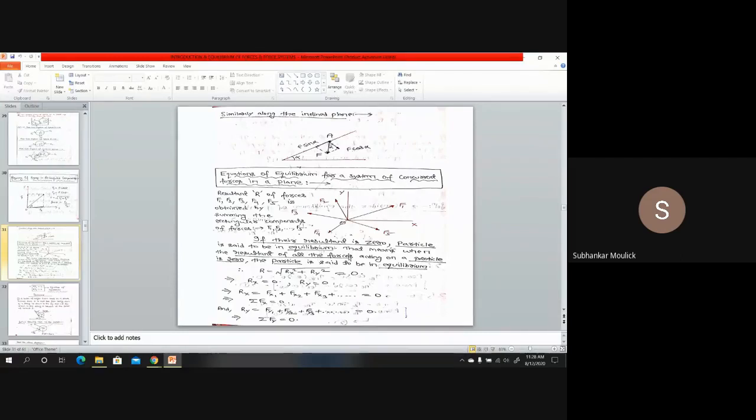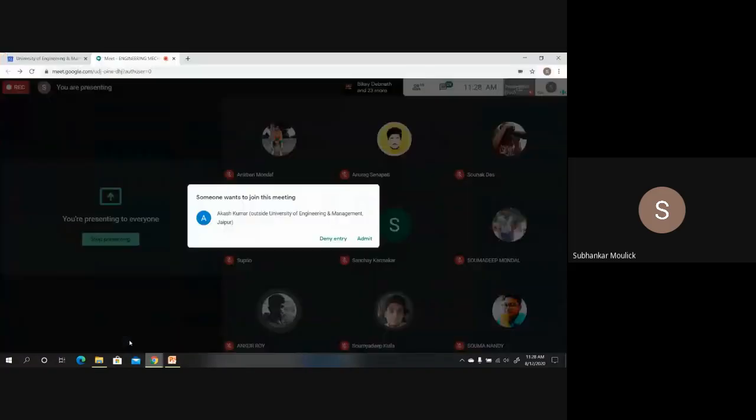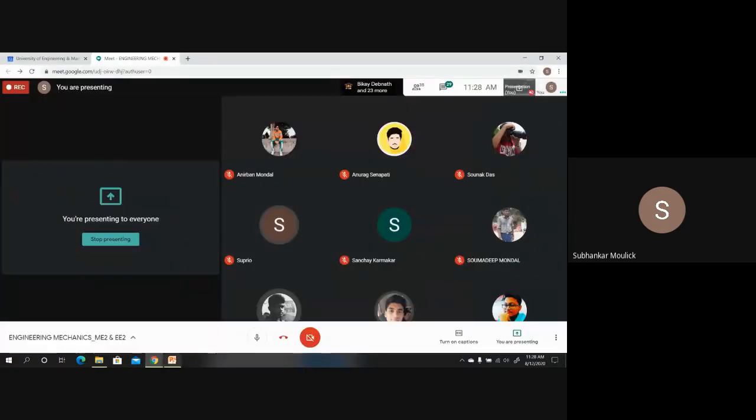That means if there are say 4 or 5 forces in a plane, and those forces are concurrent in nature, meaning they pass through a common point, then what is the condition to keep the entire body in equilibrium?